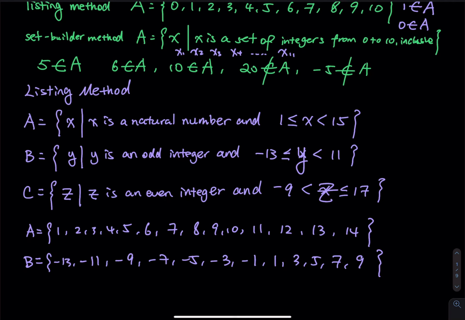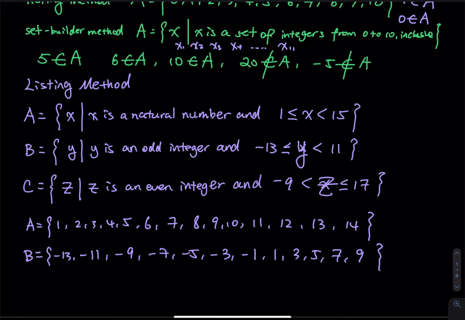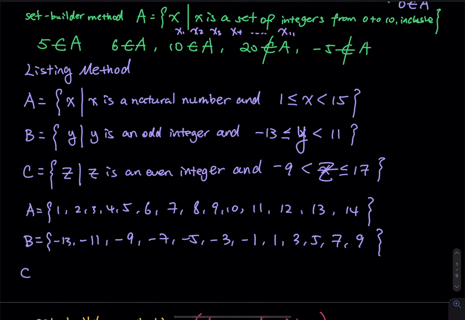Alright, C is z such that z is an even integer between -9 and 17, do not include -9 but include 17. Since 17 is odd, we don't need 17 at all. So if you do not consider -9, the next even integer is -8, and then -6, -4, -2, 0. 0 is even because 0 is divisible by 2.